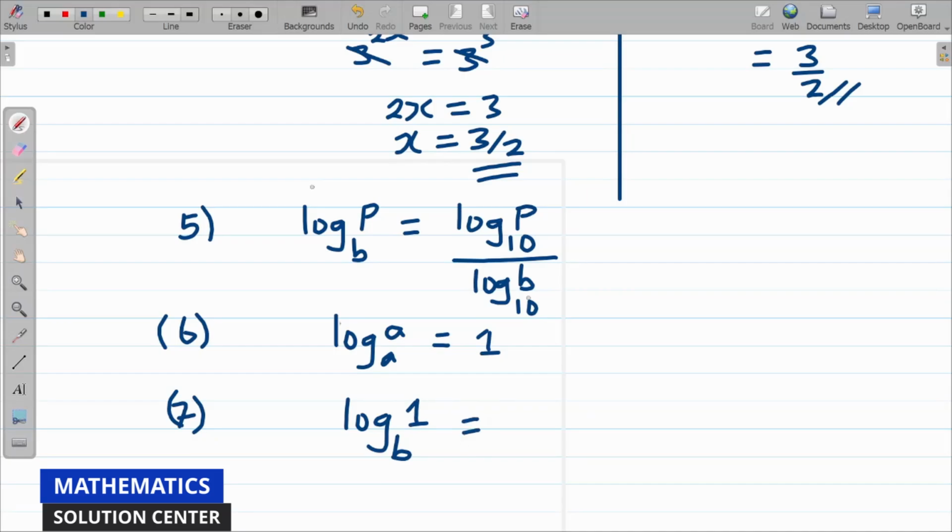The answer is what? The log of 1 to any base at all is 0, because log 1 base b is simply asking: b raised to the power of what number gives 1? A number that when you raise any number to it will always give you 1 is 0. Anything raised to power 0 is 1. So log 1 base b is always 0.